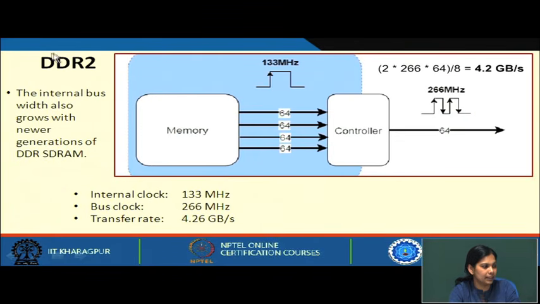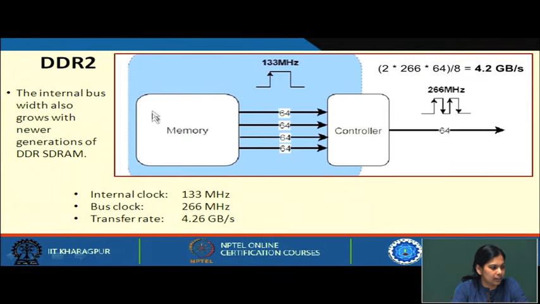Now, let us see what is DDR2. We see that this is our memory, and internally there is a 64-bit data bus. So, the internal bus width also grows with the newer generation of DDR RAM, and the clock speed is 133 megahertz.